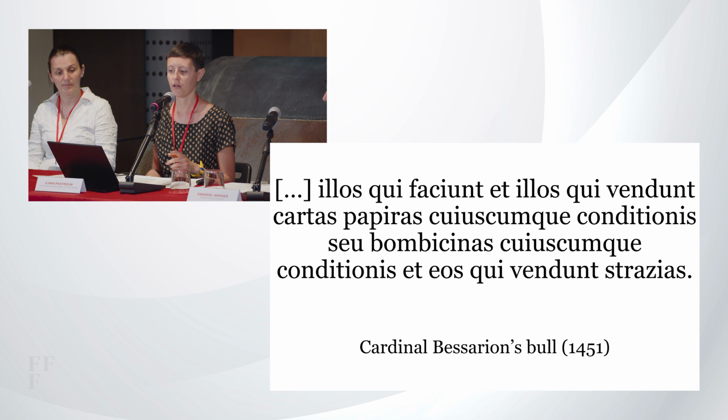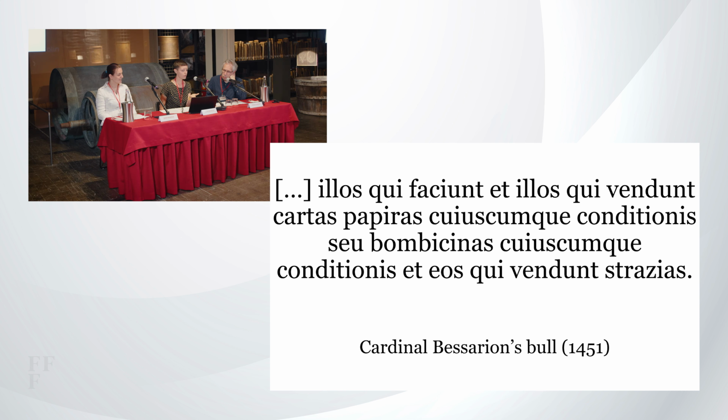And here, from a bull by the Cardinal Bessarione, we can find the confirmation that the paper makers, but also people who were taking rubs, were submitted to the Guild of the Pharmacists.